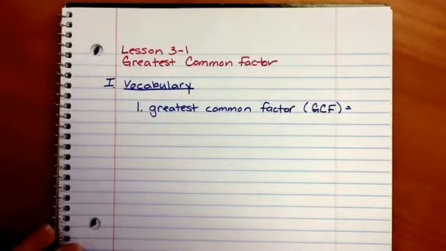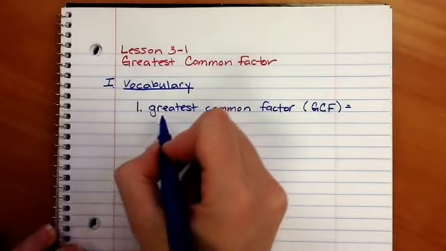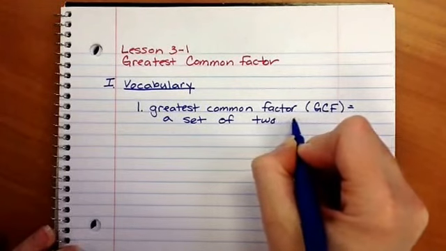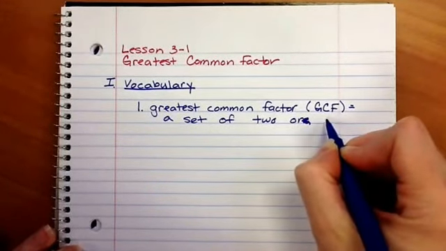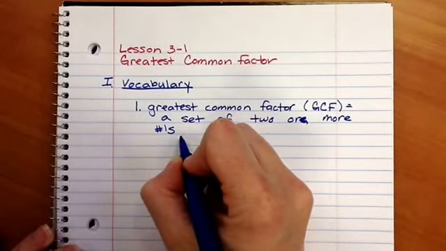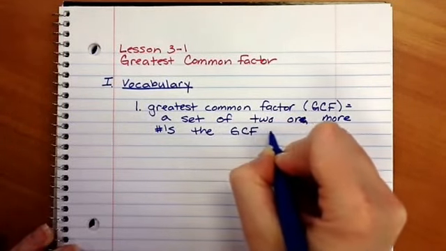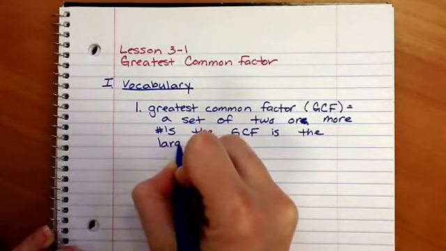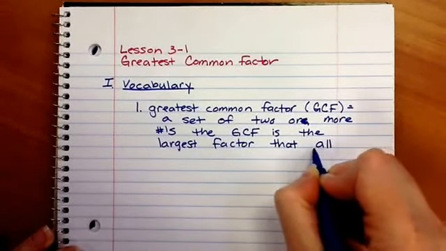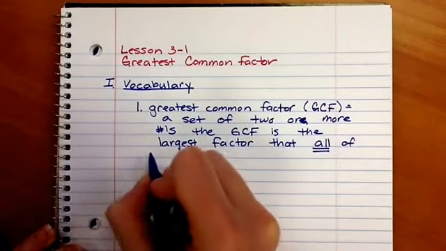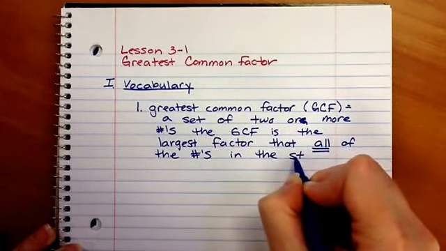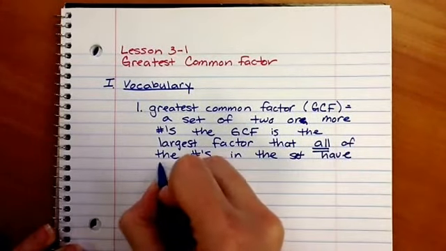So what is the greatest common factor, or the GCF? Basically, when you have a set of two or more numbers, the GCF is the largest factor that all of the numbers in the set have in common.